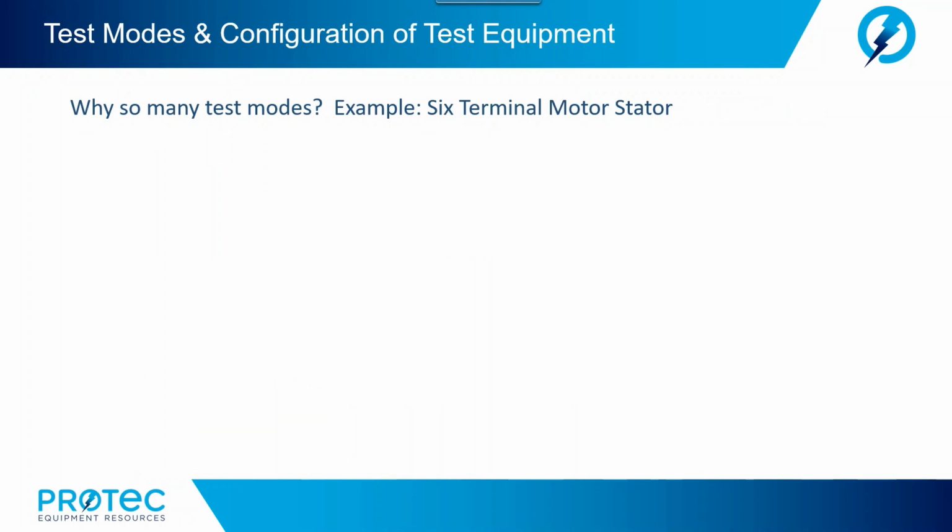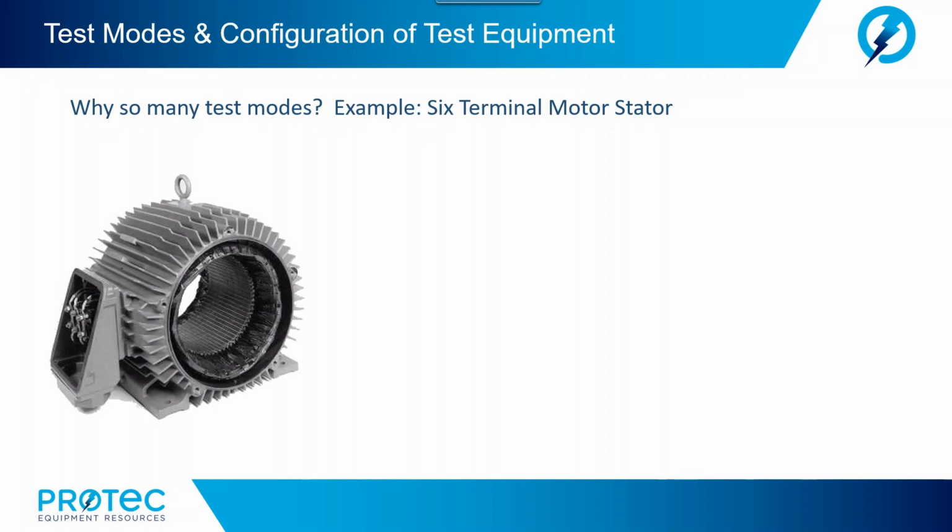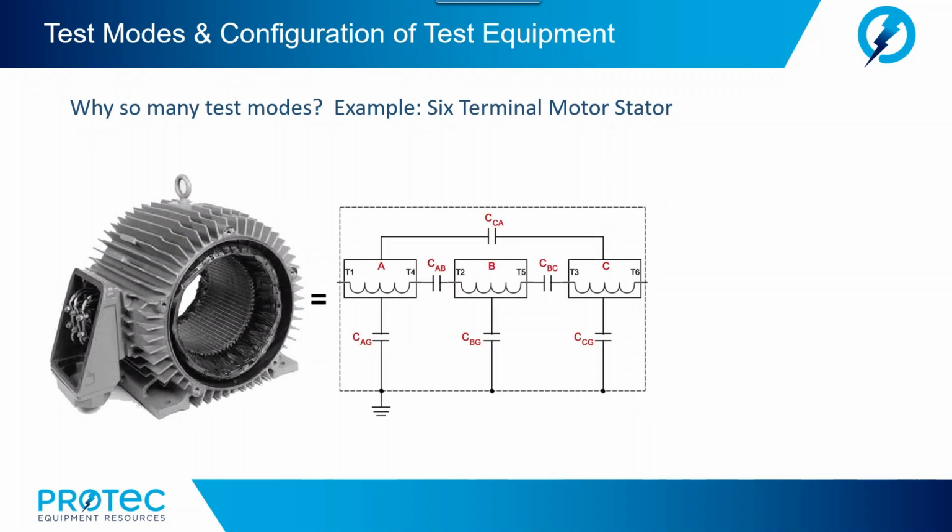All right, so once again, why so many test modes? Well, let's take another example. Let's take a look at a 6-terminal motor stator. So in this configuration, effectively we've got 3 windings. We've got capacitance from the A winding to ground, B winding to ground, C winding to ground.